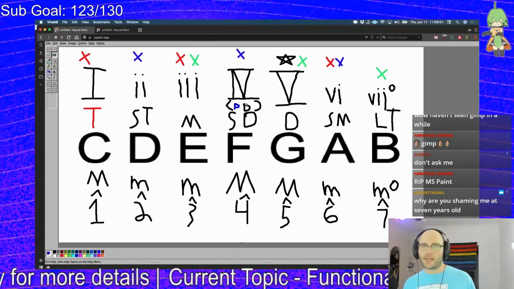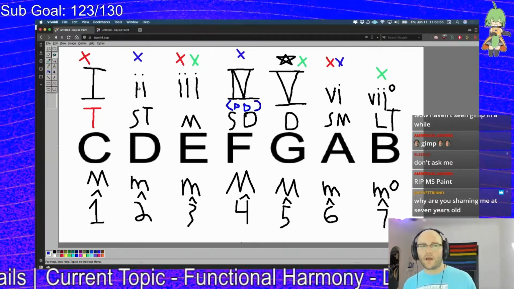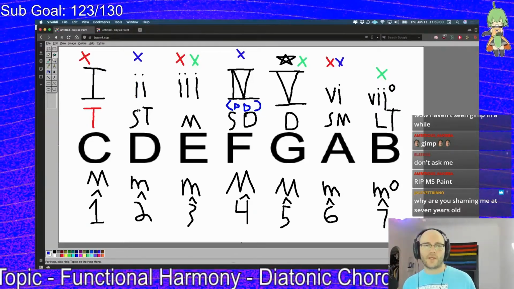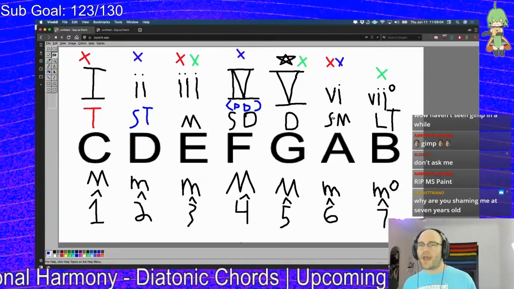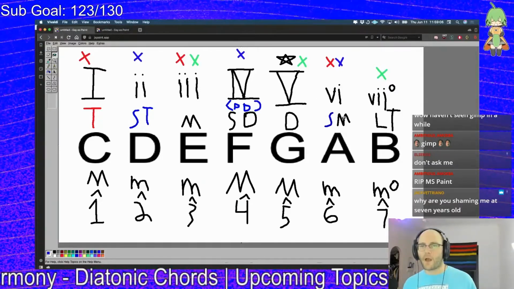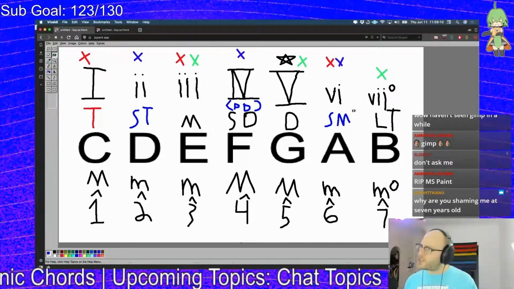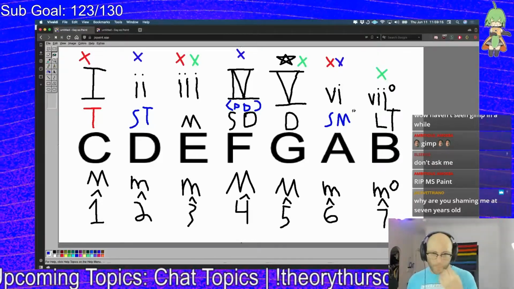Now, predominant chords contrast with the tonic chords because they can't go everywhere, but they really want to go towards the dominant.